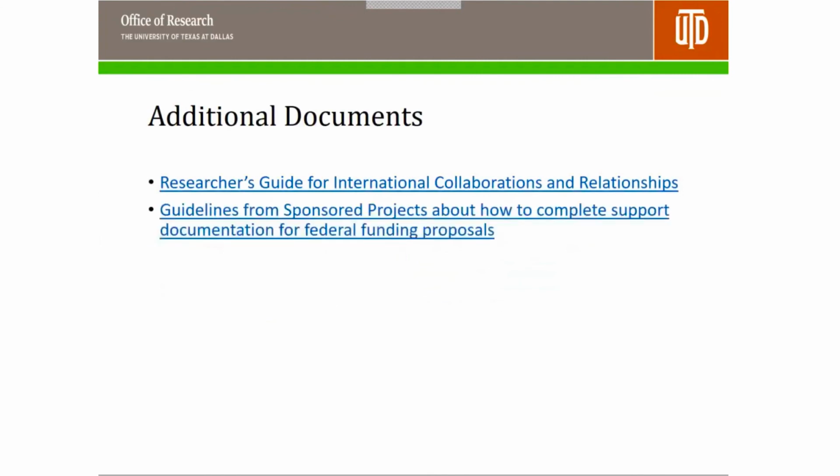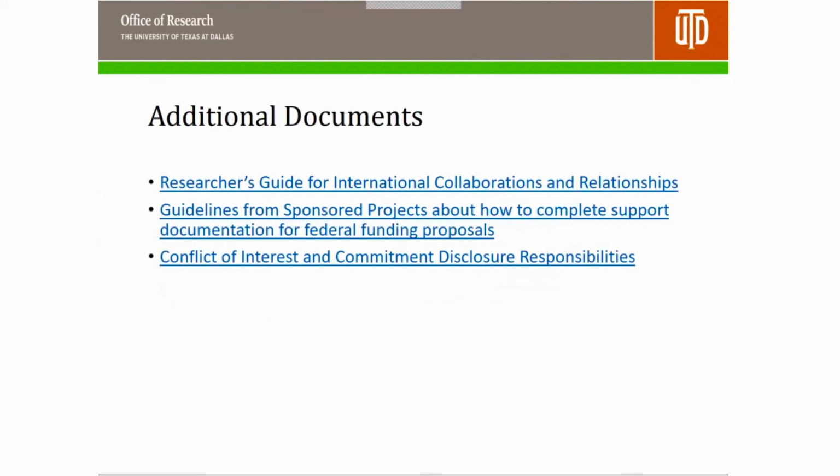I have some additional documents here in terms of a guide for international collaboration and relationships that walks through examples like this: if you're considering doing X, Y, or Z, contact the research office and fill out this form or ask this question, and then it articulates who the research office can help and what we will likely do.